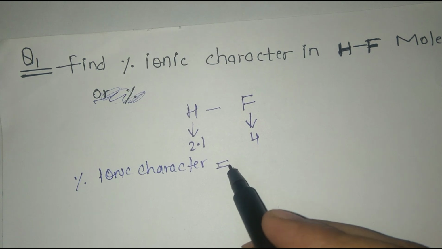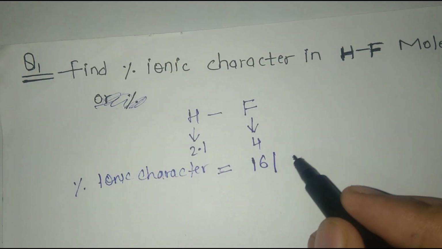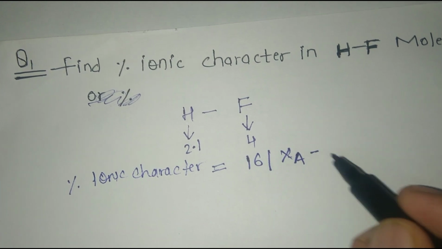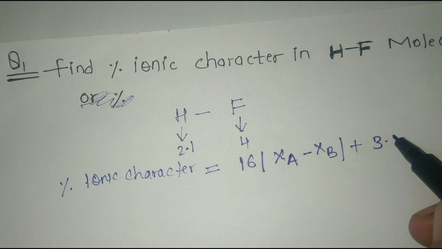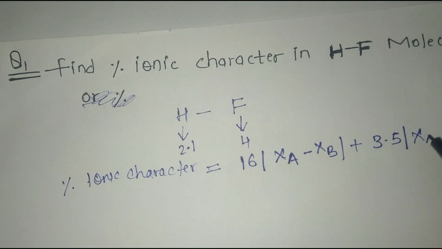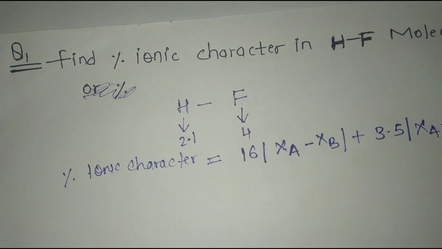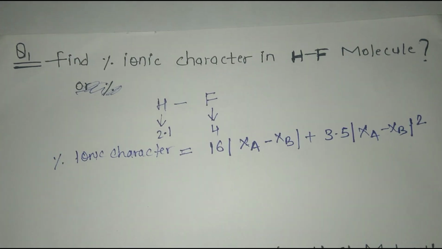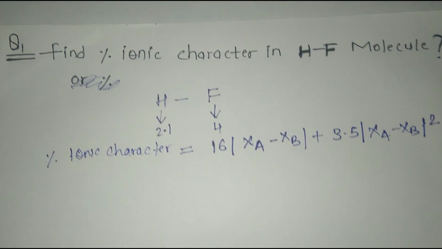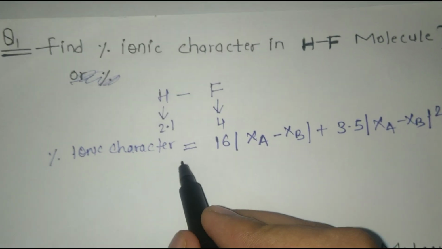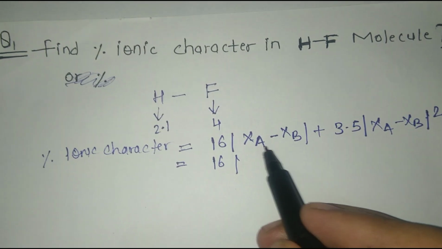You know the Hannay and Smith equation: 16 mod of XA minus XB plus 3.5 mod of XA minus XB whole power 2, where XA and XB are the electronegativities of hydrogen and fluorine.